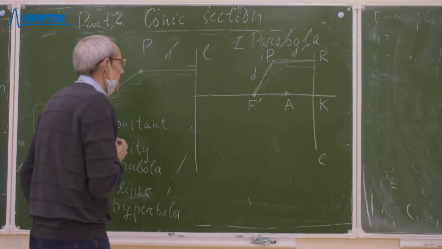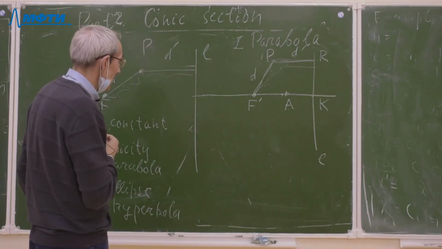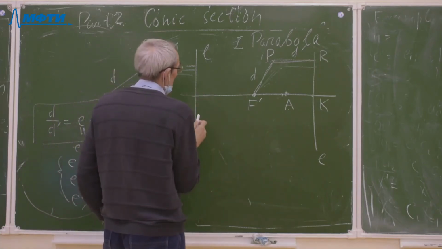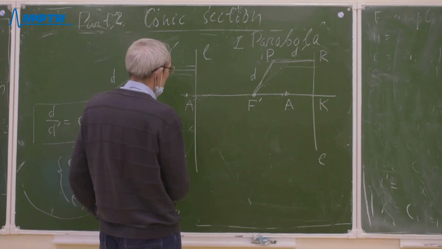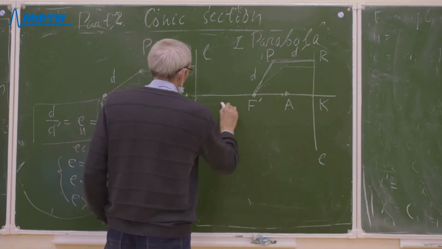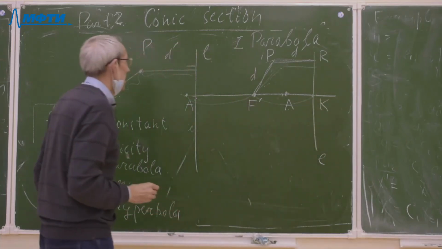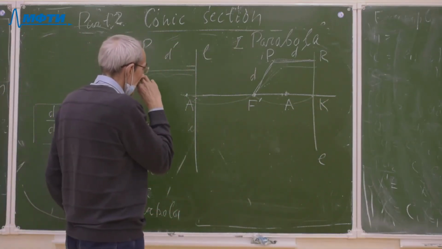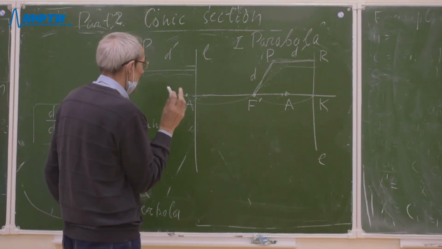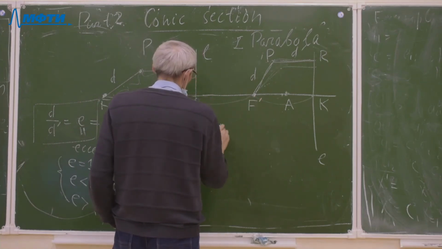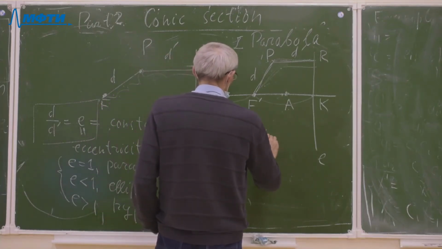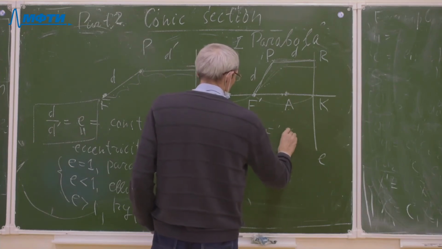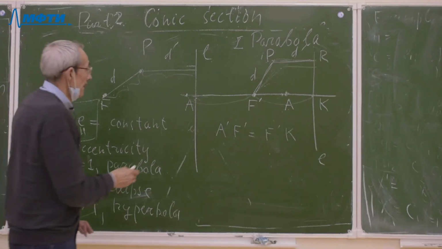Let's consider also the point A prime such that the distance between A prime and F prime is equal to F prime K.